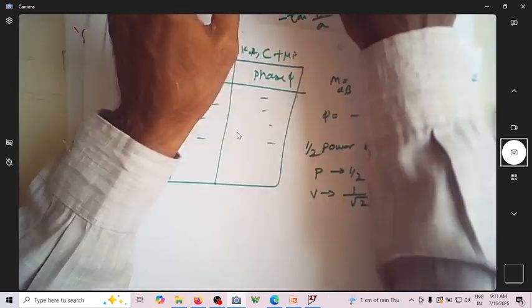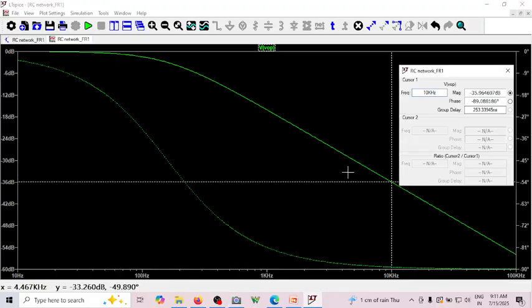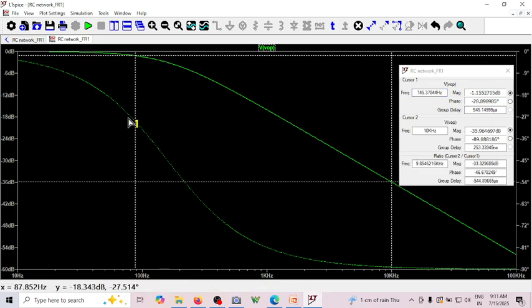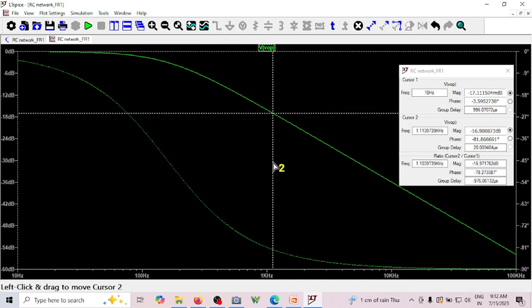So to find the half power bandwidth, you can double click on this, get two cursors, place one cursor at the beginning and place the other cursor such that the magnitude difference is 3.